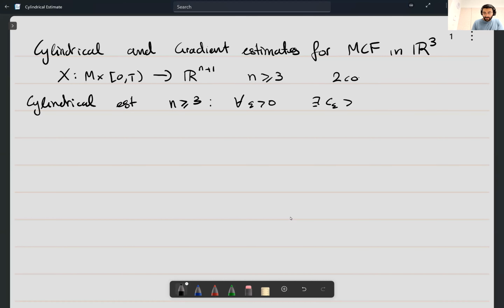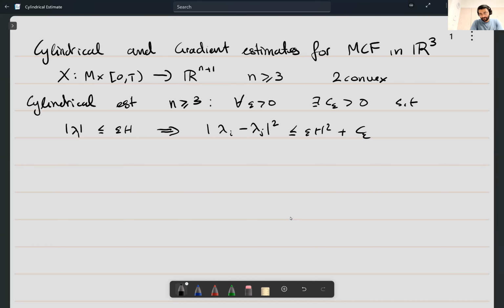Then for all epsilon greater than 0, you can find some constant such that whenever the smallest principal curvature is less than or equal to epsilon times h, the difference between any other two principal curvatures is less than or equal to epsilon h squared plus c epsilon.